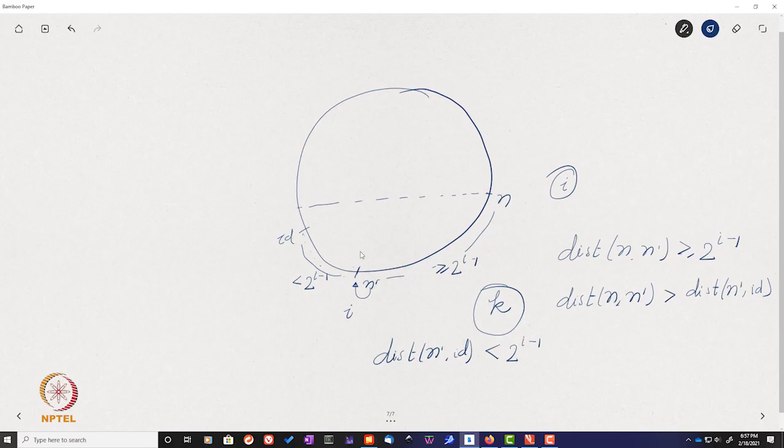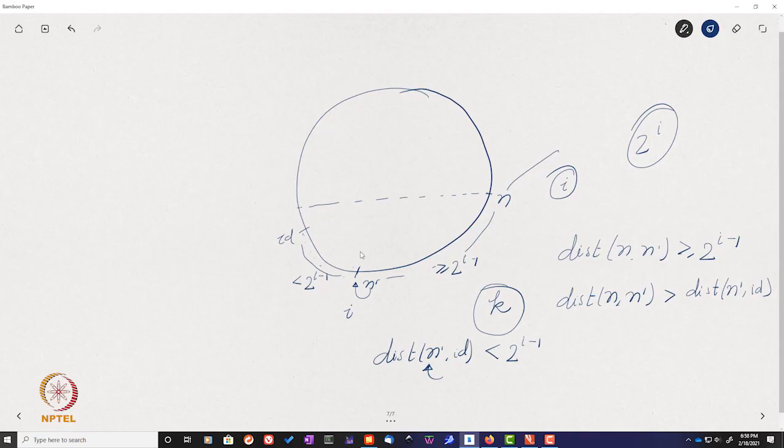So if this is the simple case, then what I can say is that in the ith finger, if I was considering a span of 2 raised to the power I entries with n, then when I start from n dash, I'll actually be considering a span of, because n to id, what was the maximum distance?